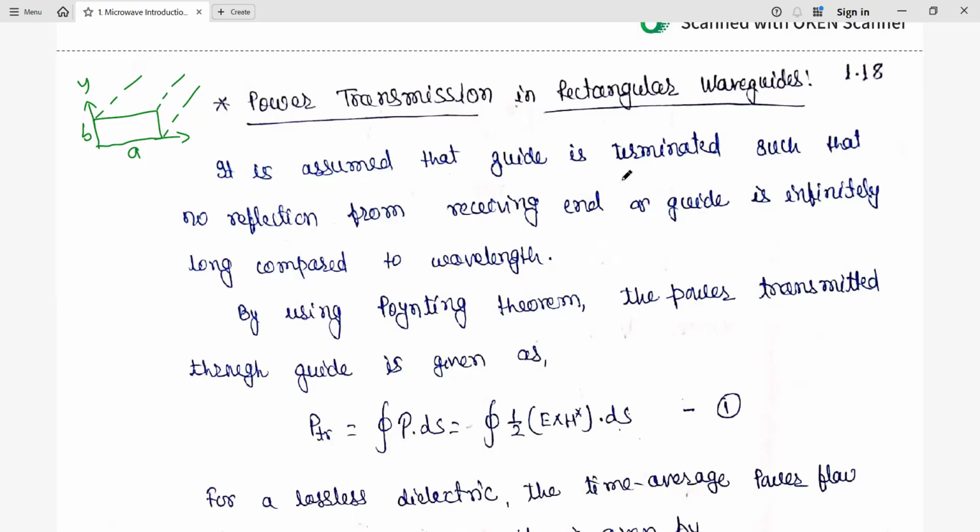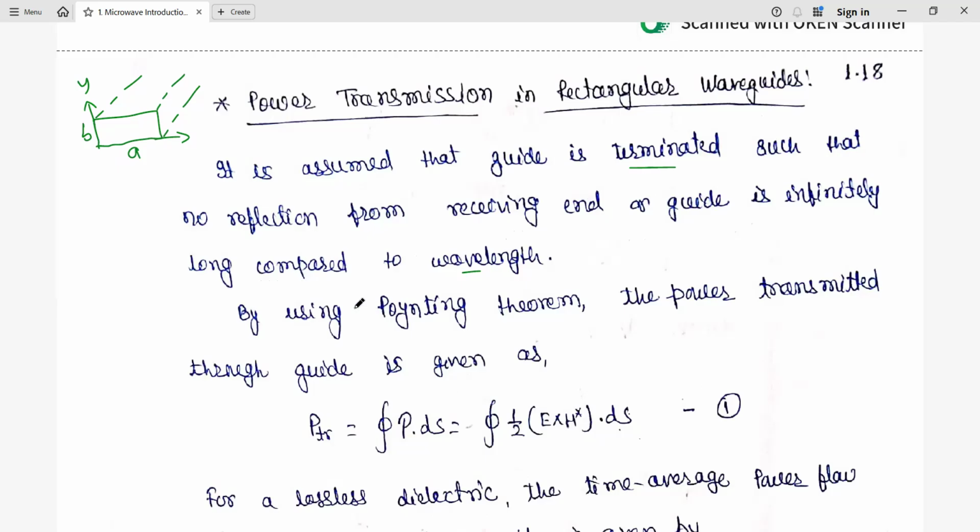So we consider that the waveguide end is terminated, like the matched termination we have in the lab, such that no reflection occurs and whatever we transmitted, the maximum reaches the load. Or we consider that the waveguide is long enough compared to the wavelength. These two assumptions are made to calculate the power transmission.